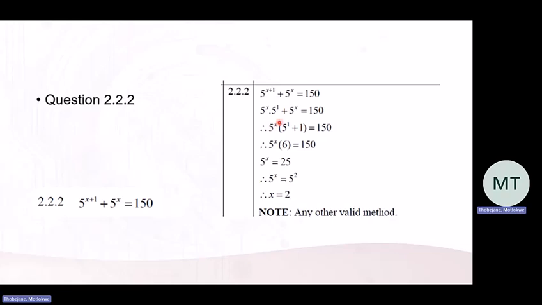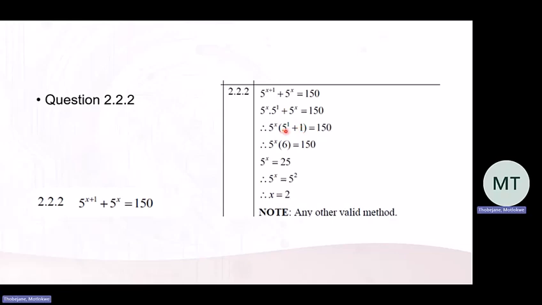Therefore, here you take a common factor. You take 5 to the power of x from here, you remain with 5 to the power of 1, which is this, plus if you take this 5 to the power of x, you are going to remain with 1 here, right?